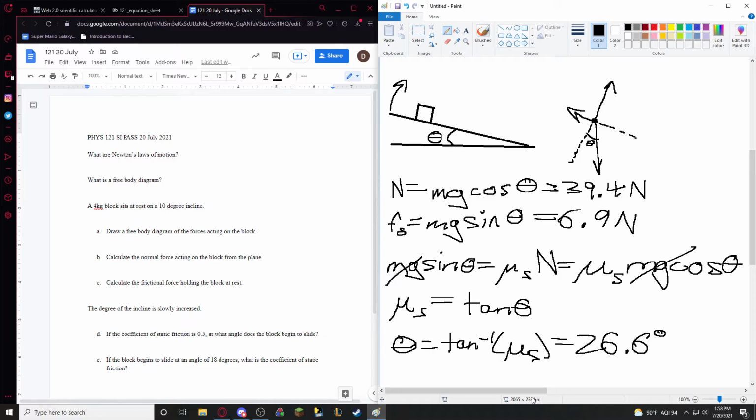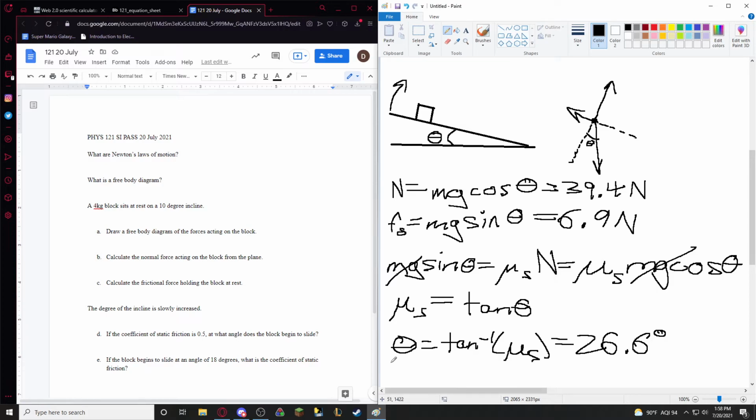The gravitational constant doesn't matter, and the mass of the block itself doesn't matter. All that matters is the coefficient of friction, and that dictates what angle the block will begin to slide. I think that's pretty cool. Maybe I'm just geeking out about that.